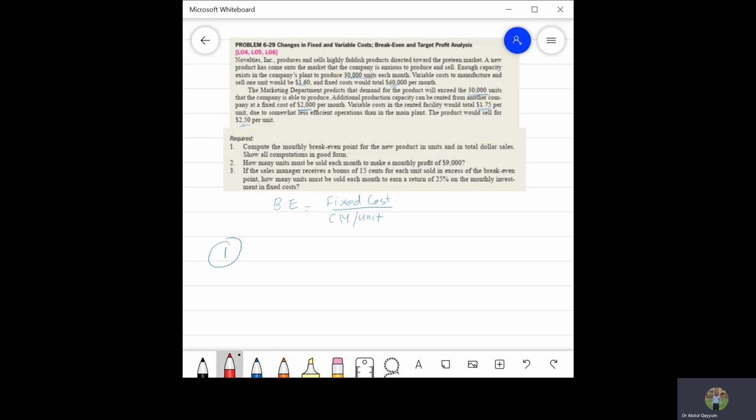Requirement number 1, existing plant. So the selling price is 2.50 per unit. Then we have to deduct all the variable expense. So we have variable expenses equal to 1.60.